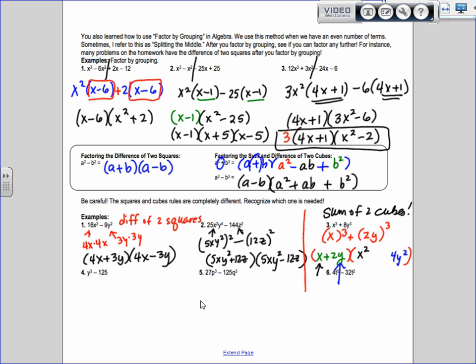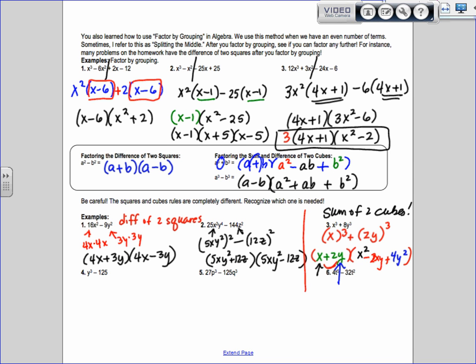So if I have x and 2y together, I'm going to get, oops, not plus, it's going to be minus 2xy. My signs are same, opposite, always positive. It's a minus in there, it's kind of hard to see. Minus 2xy. So it's x plus 2y times x squared minus 2xy plus 4y squared.